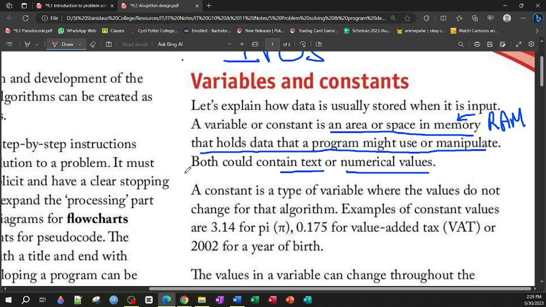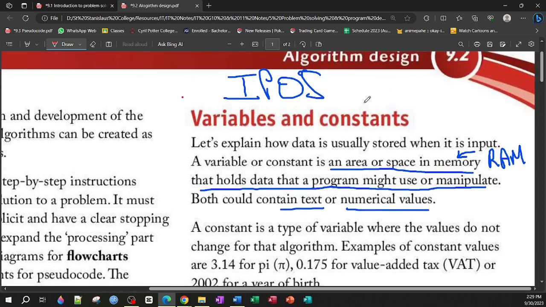Nobody knows what the word constant means? Sir, like a number. No, the word in general. The word constant. Sir, something that doesn't change. Right. So the word constant means something that does not change.